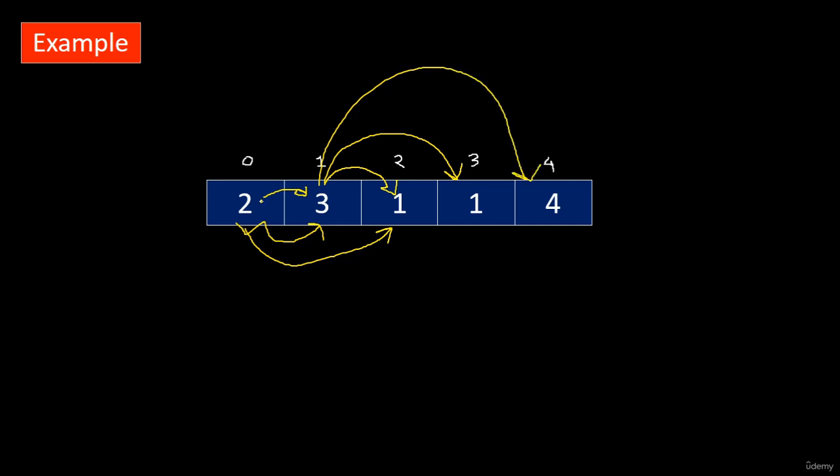Now we see that if we jump from index 0 to index 1 and from index 1 to index 4, we reach the last index. So we will return true because we can reach the last index. No matter which path we choose, since we visited the last index, we'll return true. So for this given integer array, we'll return true.